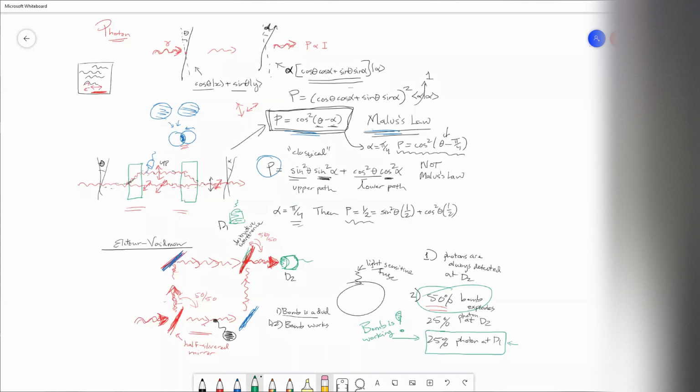What else? So that begs the question: is there a single photon, or is a photon many photons, or is there only one photon, since it behaves like many photons even though it's a single photon? Well, this works with a single photon, and how you know it's a single one is you detect a single click in the detector. So you can check this bomb one photon at a time.